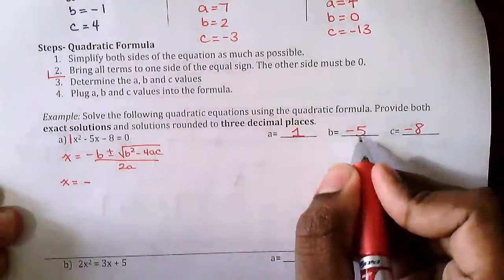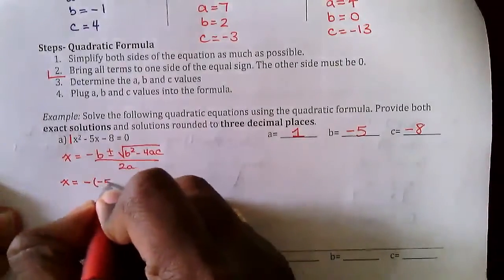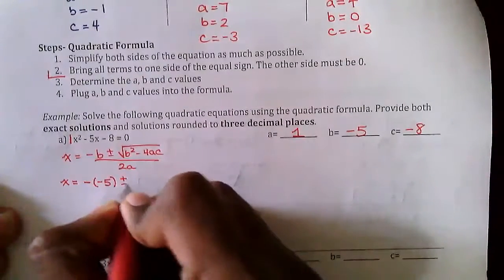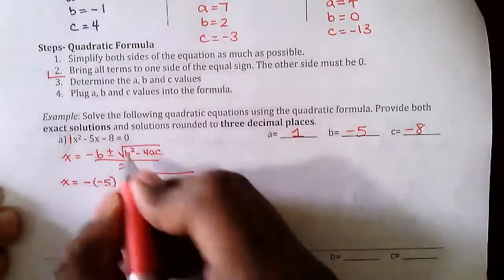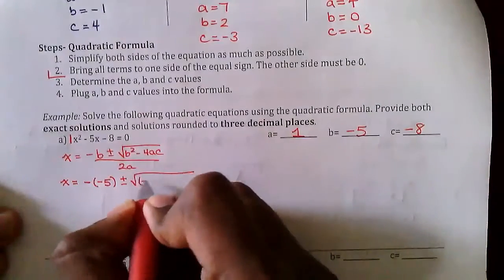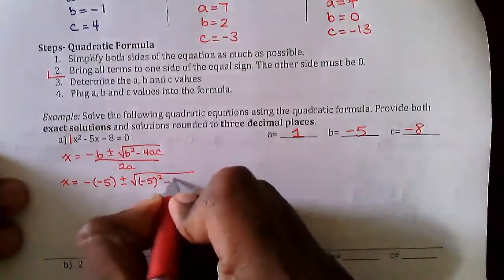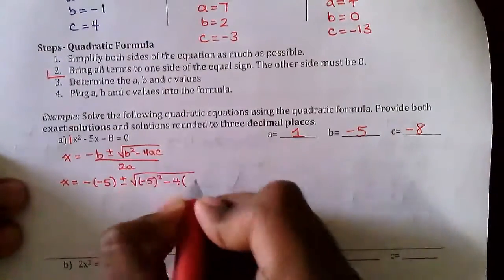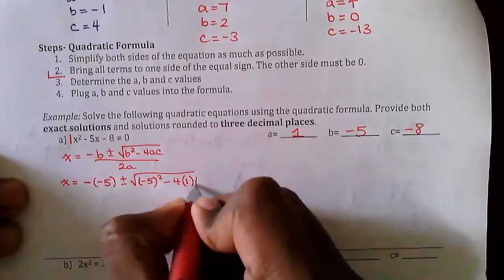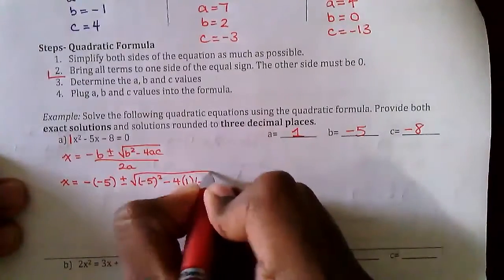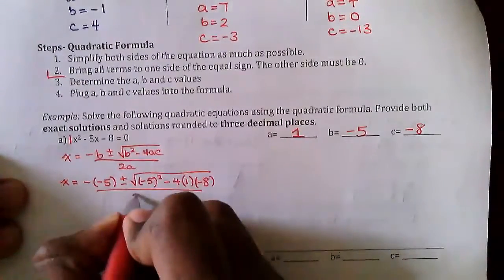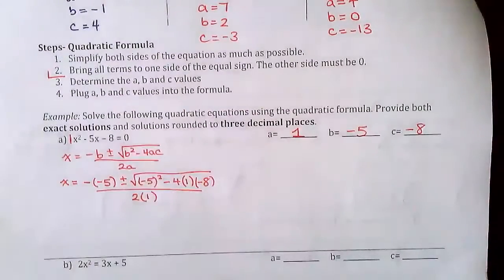The b is -5, so replace it with -5. Plus minus square root, I have another b, so replace it with -5 in brackets, squared, minus 4. I have an a, which is 1, c, which is -8, divided by 2, 1.